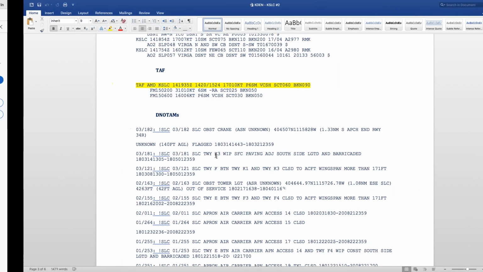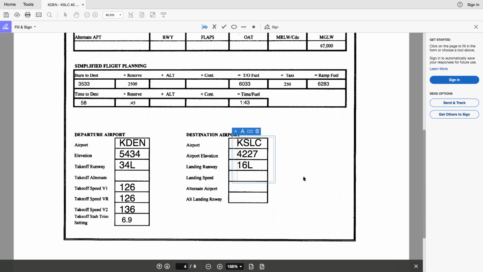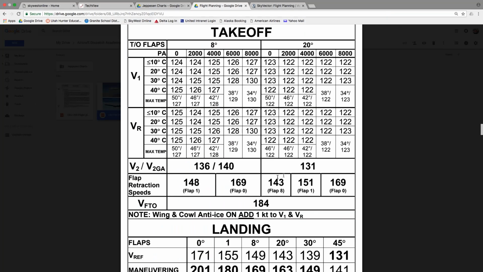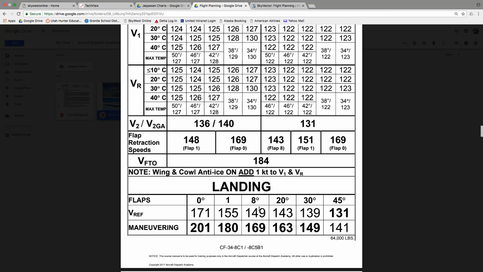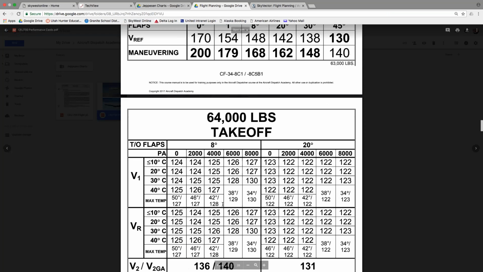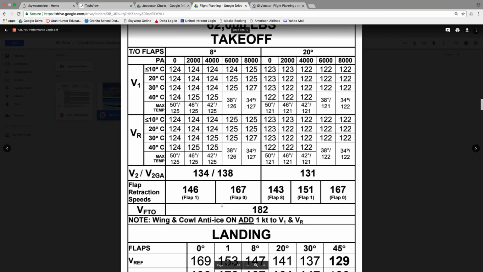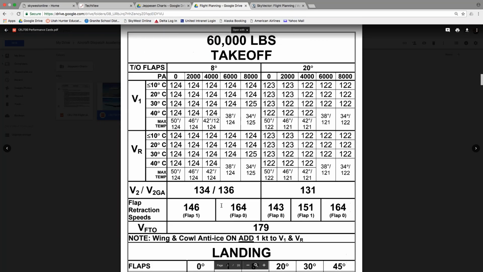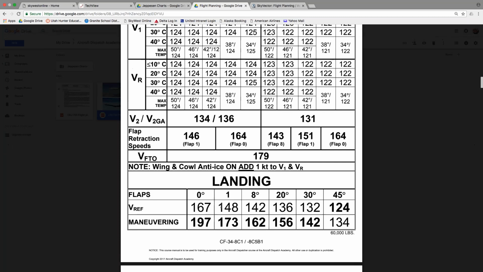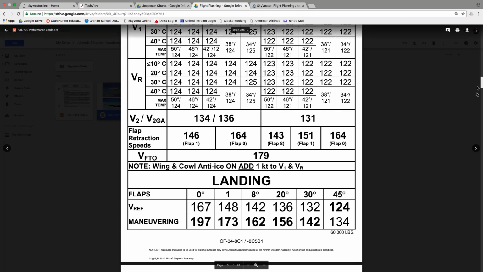131. Okay, so how did you figure that out? I can't remember. Okay, go to the bottom of that chart. So we've got to figure out our landing weight, which we figured out is like 60,000 pounds, right? Okay, 60,000 pounds. We're going to come down here to our landing portion.